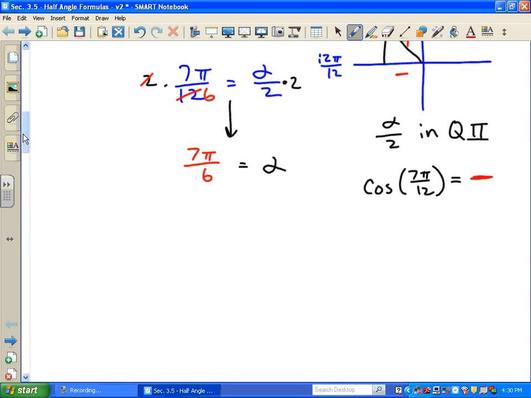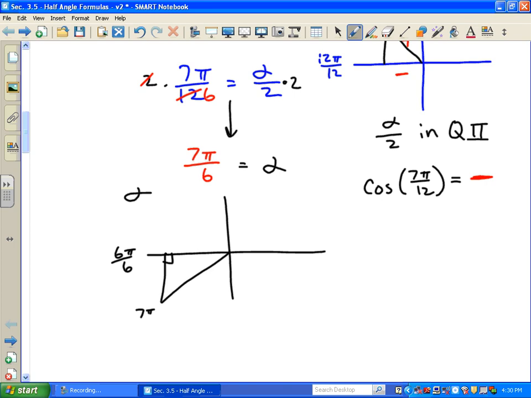I'm going to draw another picture for 7 pi over 6. So this is my picture for alpha. 7 pi over 6, we know that 6 pi over 6 is right here. So 7 pi over 6 is one additional rotation of pi over 6 past there. We know this is a reference angle of 30 degrees. That being the case, we can label our sides: negative square root of 3, 2, and negative 1.